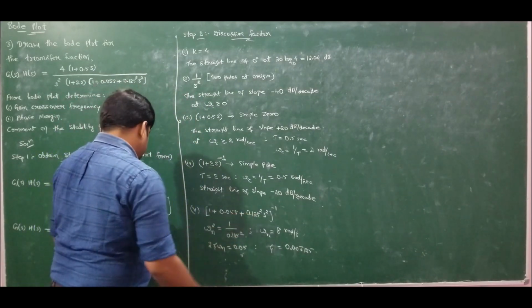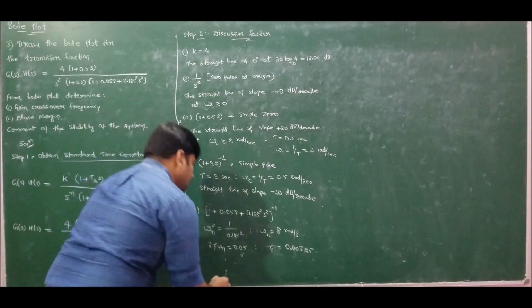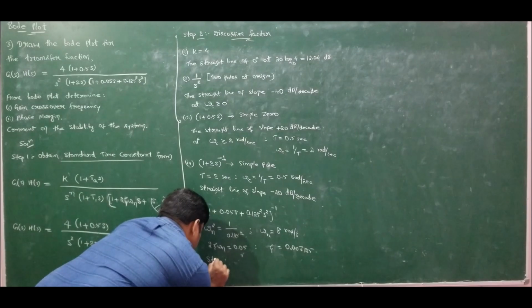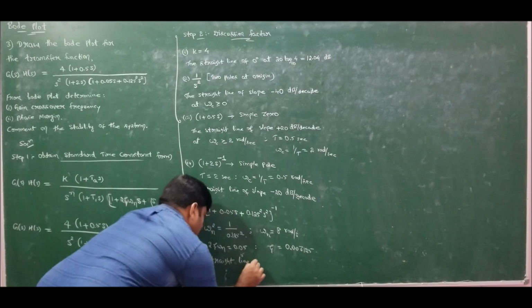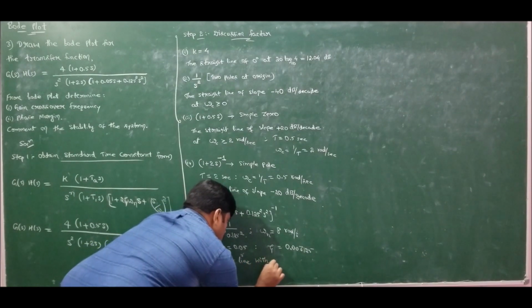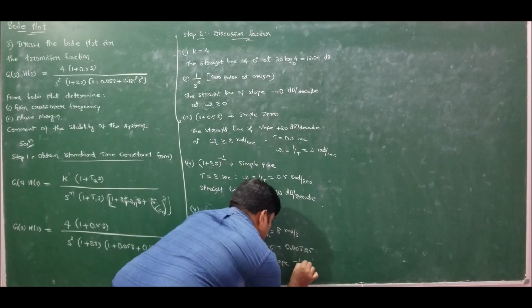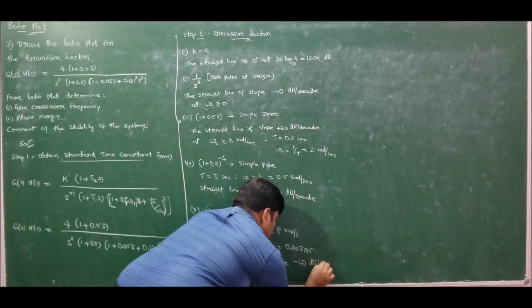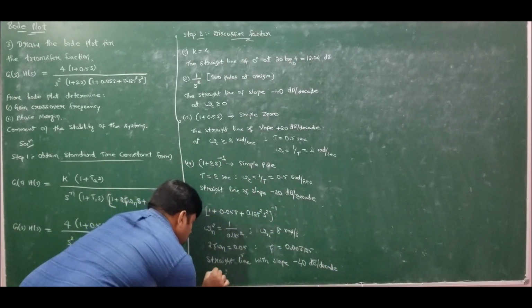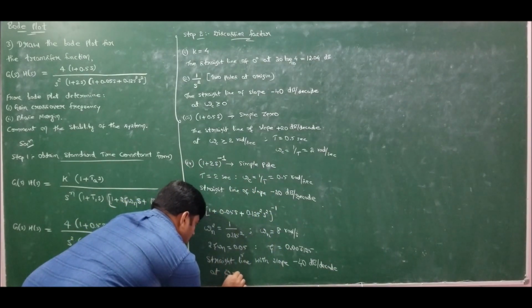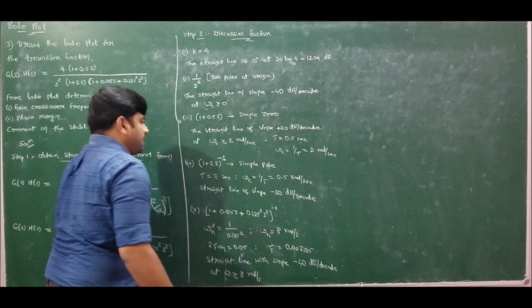Hence, for complex pole, it is a straight line with slope minus 40 decibels per decade at omega greater than or equal to 8 radians per second.